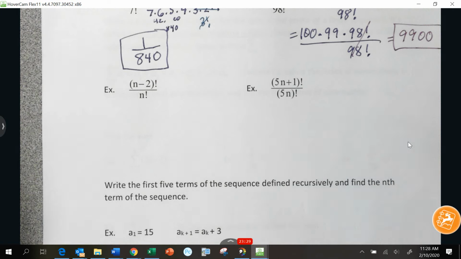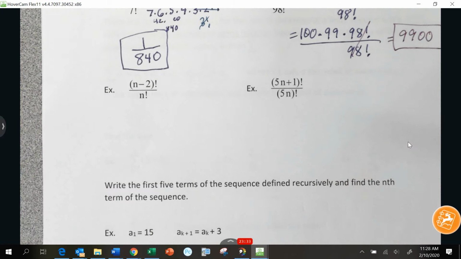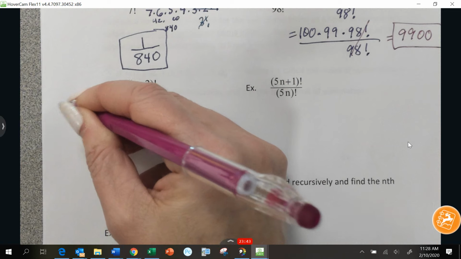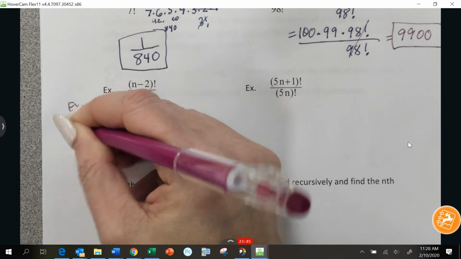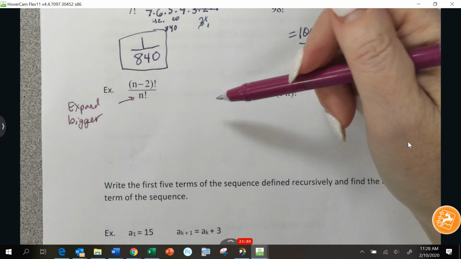Why is n bigger and not n subtract 2? Because subtracting makes it smaller, right? Okay. So we're going to expand the bigger one until it matches n minus 2.